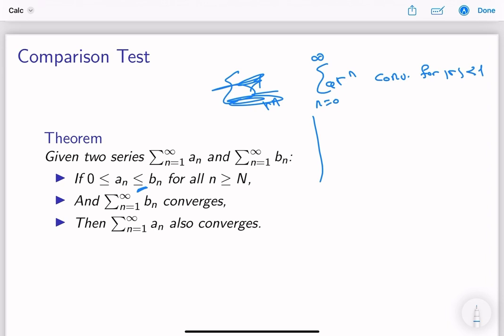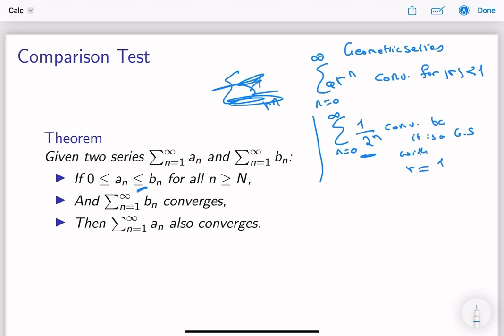Let's say, for example, we know that the sum of 1 over 2 to the n, as n goes from 0 to infinity, is convergent because it is a geometric series with r equals 1 over 2 and a equals 1.